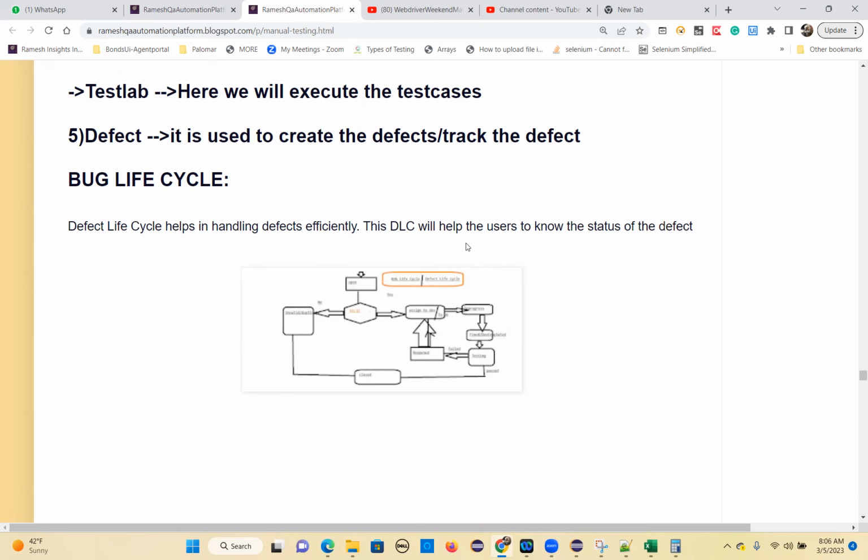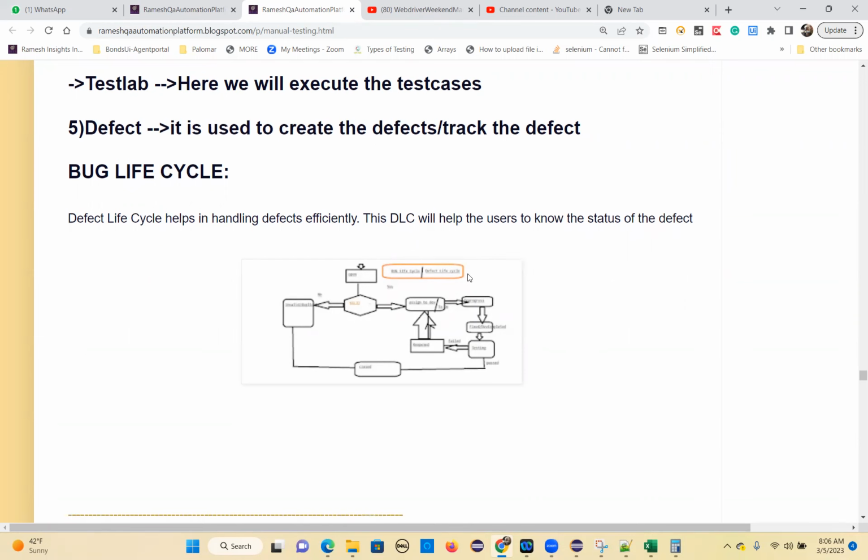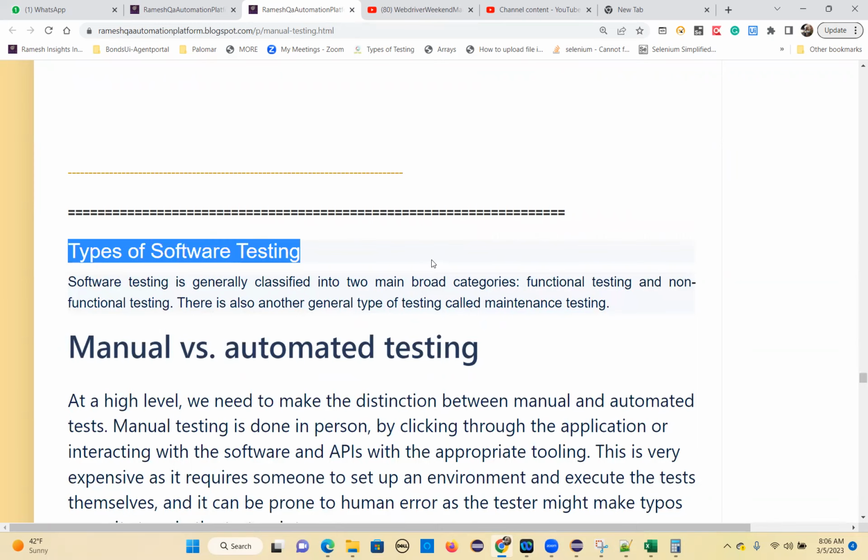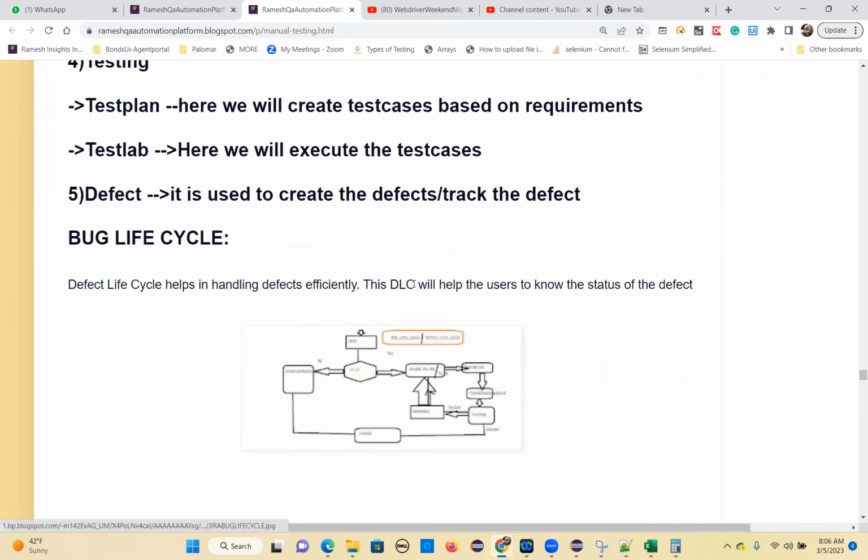You don't need to worry about what they changed. But from your point of view, you give your severity and priority. That's okay, we don't need to bother about that.